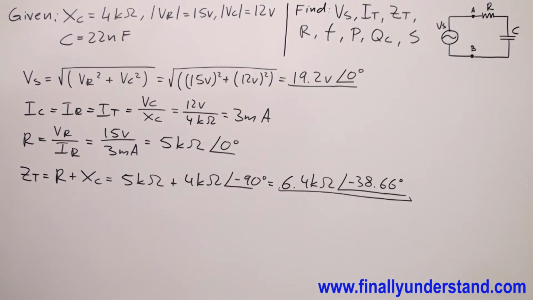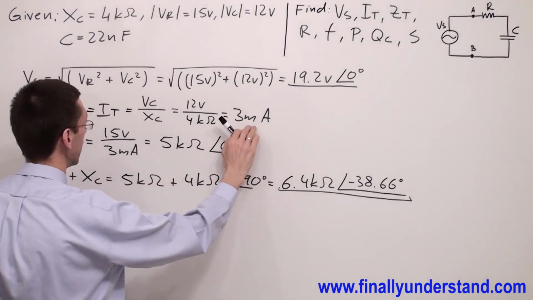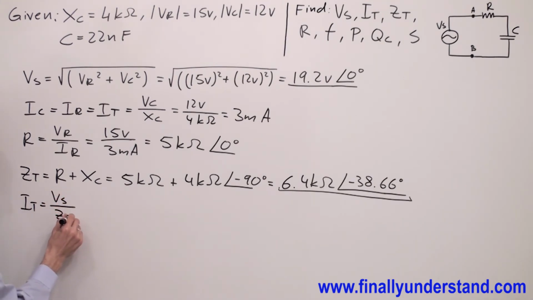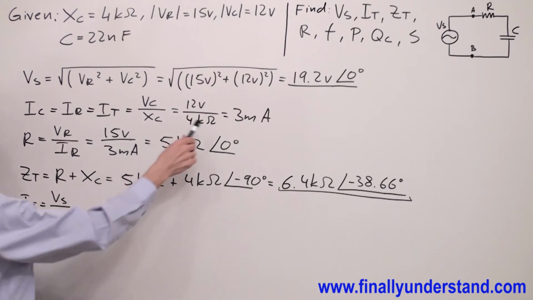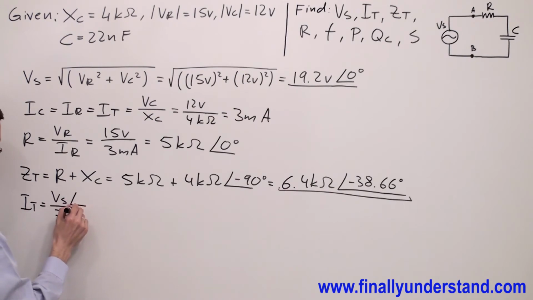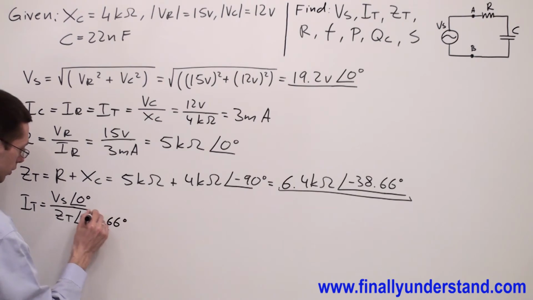Next, I can find the angle which I'm supposed to keep next to the magnitude of the current. How? Simply write I total is equal to the voltage source over Z total. I know already the magnitude of my current. I have to find the angle. We said that we want to keep the voltage source with an angle of 0 degrees and we found that Z total has an angle of negative 38.66 degrees.